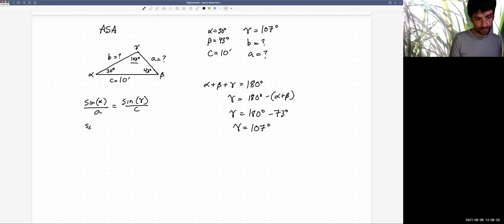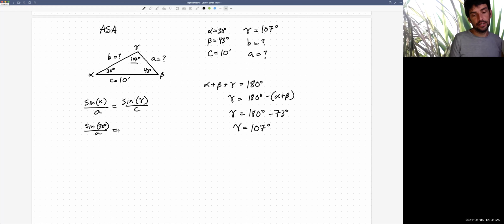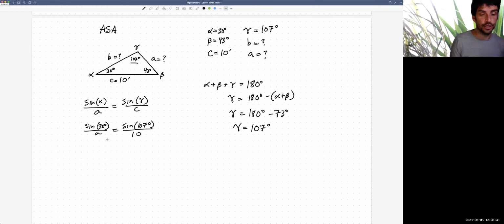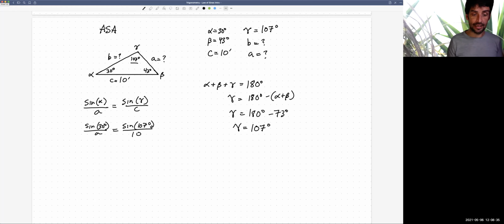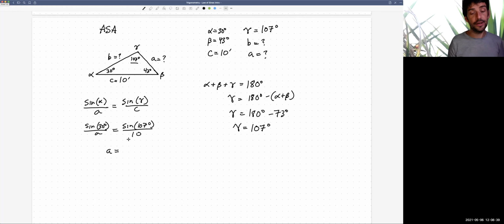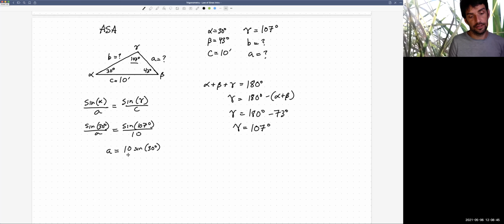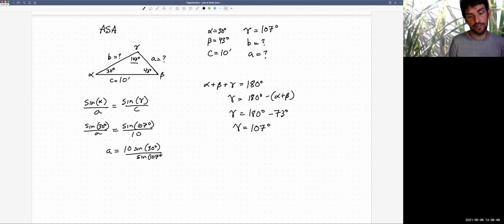So this tells me that sine of 30 degrees over A is equal to sine of 107 degrees over 10. We do a little bit of algebra, and we can multiply A to the other side, multiply 10, and divide by sine of 107. We'll get A is going to be equal to 10 sine of 30 degrees over sine of 107 degrees.